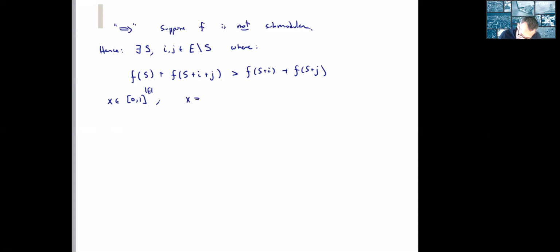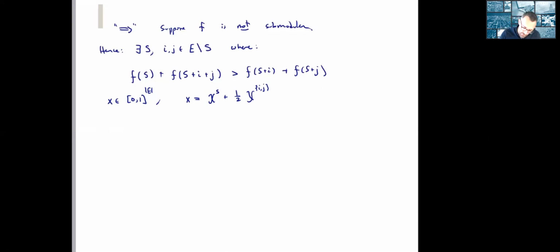So let X equal the indicator function of S plus 1/2 times the indicator function of the set i and j. So in other words, X has value 0 outside of coordinates that are in S or ij. It has value 1 on all elements of S, and it has value 1/2 for i and j.